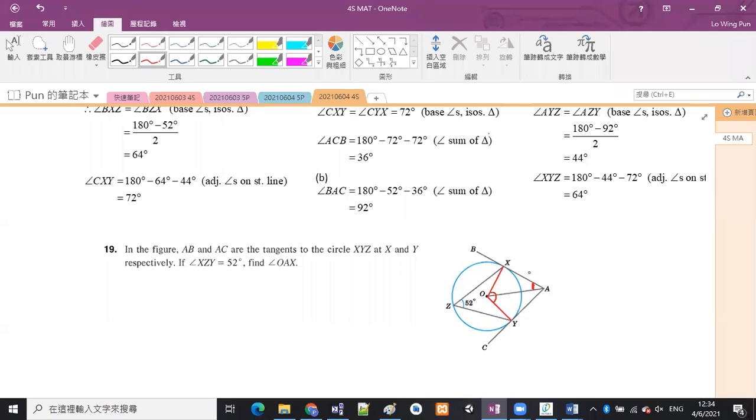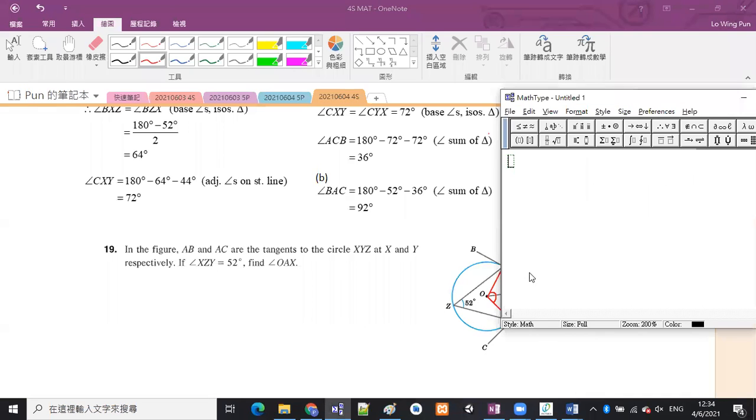So this angle will be double of this angle. So angle XOY should be equal to 2 times 52 degrees. And this is angle at center twice angle at circumference. Okay, and so it should be equal to 104 degrees.